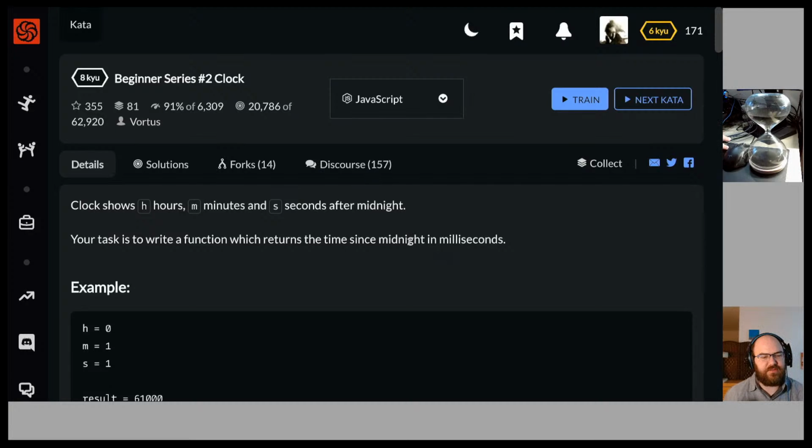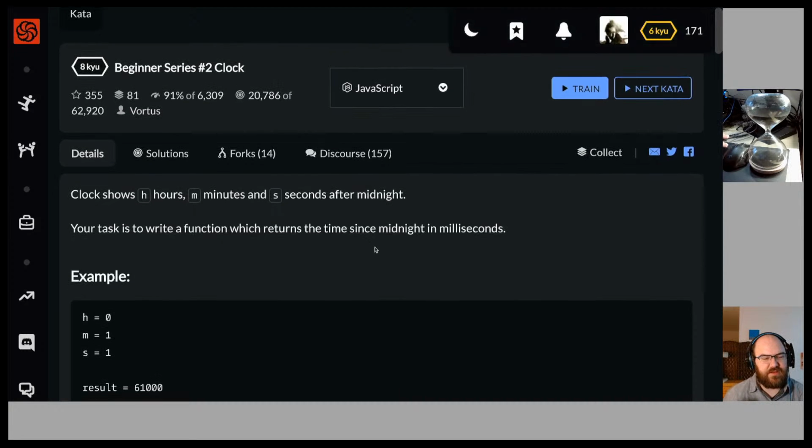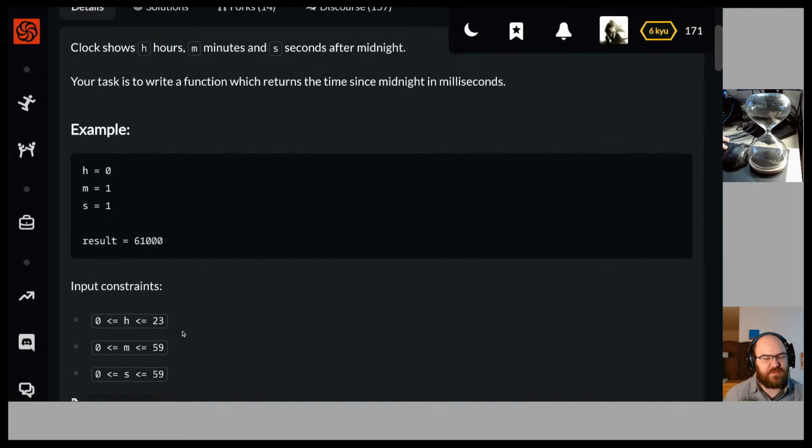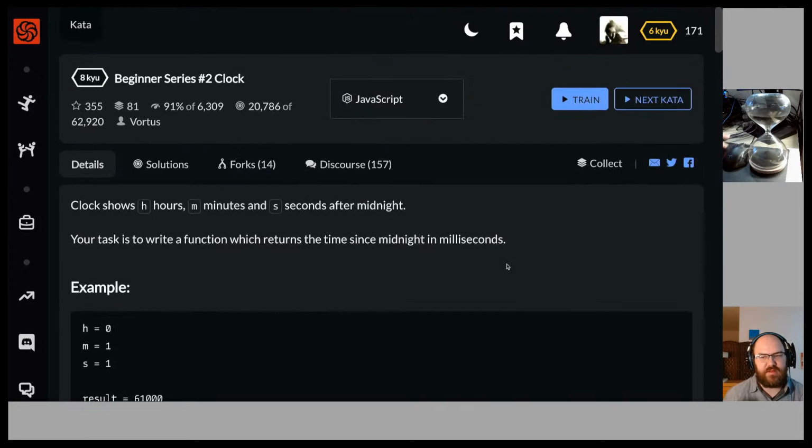Beginner series number 2, clock. Clock shows h hours, m minutes, and s seconds after midnight. Your task is to write a function which returns the time since midnight in milliseconds. Okay.